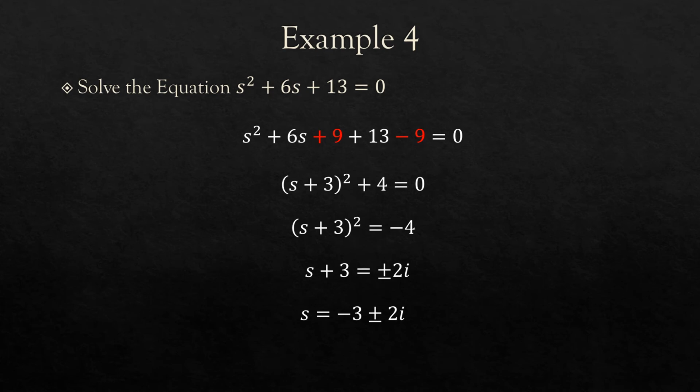We'll move the 4 over to the right-hand side of the equation and take the square root, giving us s plus 3 is equal to positive 2i or negative 2i. And finally, move the 3 over to the right-hand side of the equation, giving us s is equal to negative 3 plus 2i, or negative 3 minus 2i.